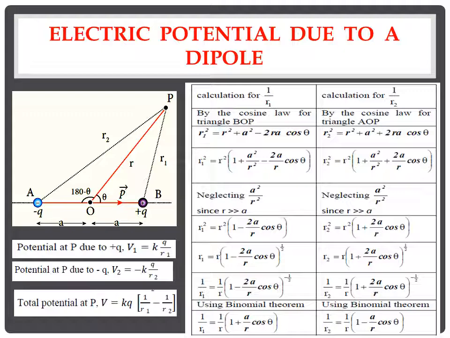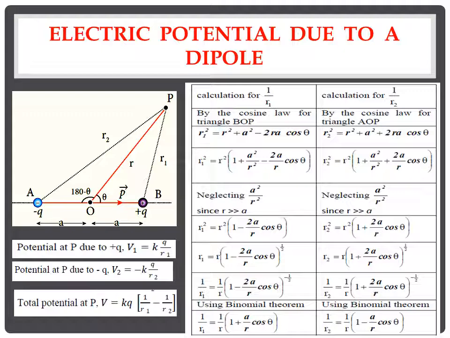So I get 1 plus a squared by r squared minus 2a by r cos theta, because r squared and r will get cancelled. Since a squared by r squared is very small, I can neglect that term. So my equation becomes r1 squared is equal to r squared into 1 minus 2a by r cos theta.